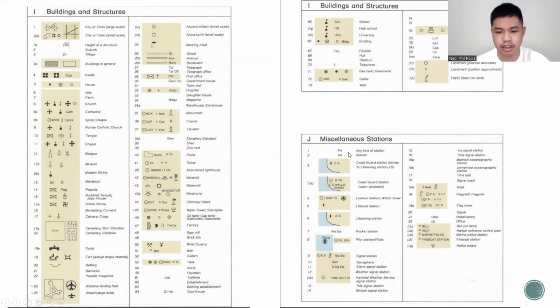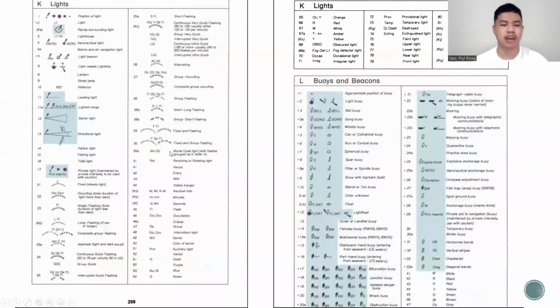Now let's go to the miscellaneous station. So this is the life-saving station, which has a cross-like symbol, then LSS, meaning life-saving station. So now we have the lights, which is a bit clearer than the other in the upper part. This is the position of light.